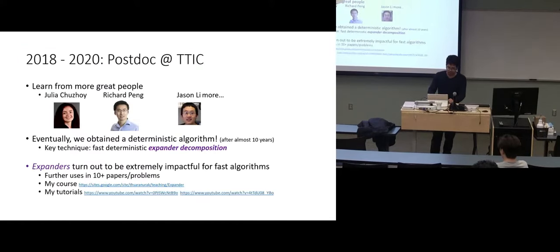As you see, I mentioned expanders quite a bunch. What is this? I will not actually have time to tell you, but it's a concept that is so impactful in theoretical computer science. You can look it up on the internet. I also have one course that's dedicated to this thing, the whole course, and I have a tutorial session on it too, so you can have a look if you want to.